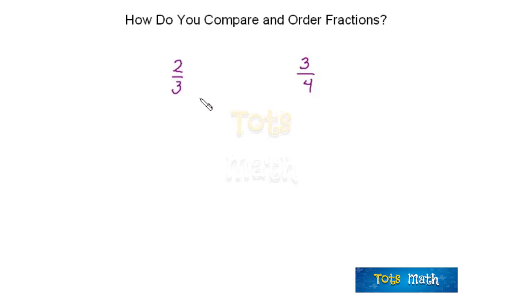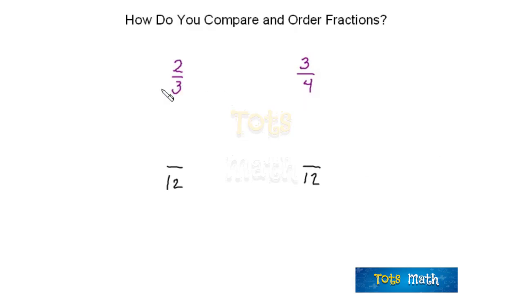We need to find a denominator that's a multiple of 3 and 4. 3 times 4 equals 12, so that means 12 is a multiple of both 3 and 4. So let's change each fraction into a new fraction that has 12 as its denominator.